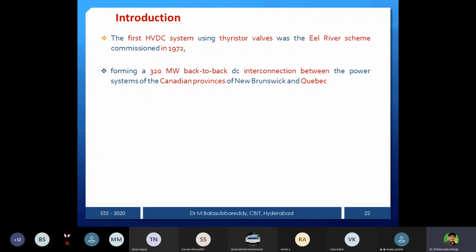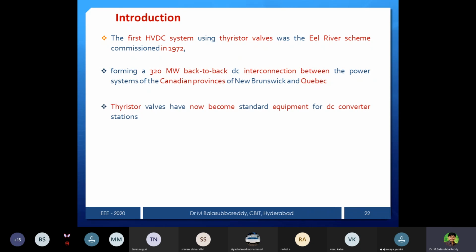Here a back-to-back means bidirectional power flow. The two conductors they can use positive and negative, but only one conductor is also sufficient to transmit the power.